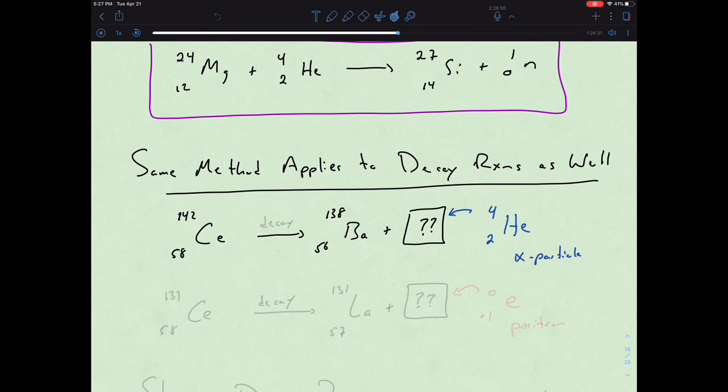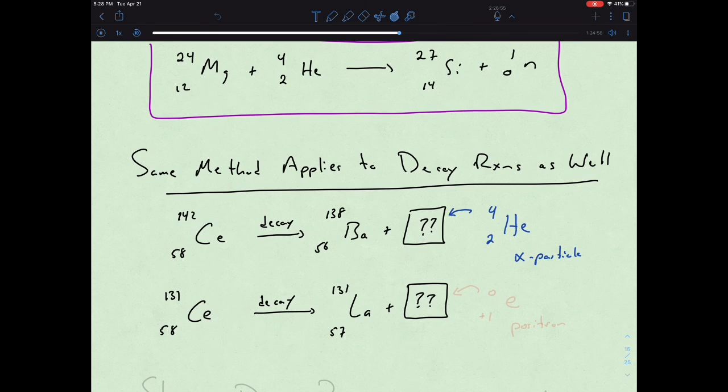Or if we had, let's say, cerium-131 undergoing these types of decay processes to produce lanthanum-131, well, we'd have to balance this out.